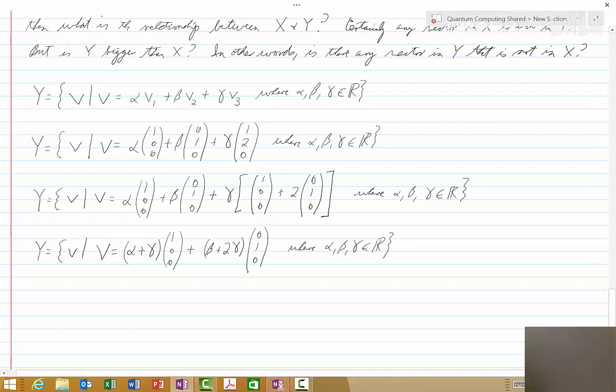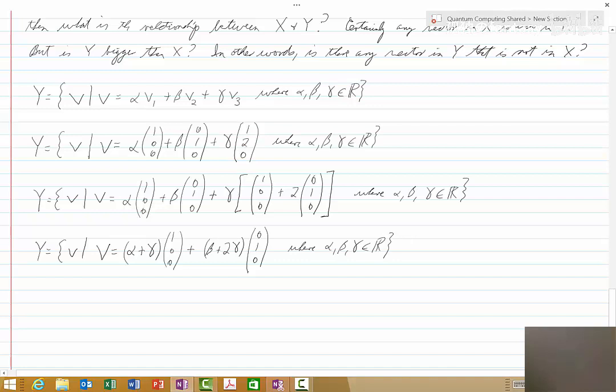And so I'm writing that down here in this step, and then when I go from this step to the final step, I'm going to gather together all the coefficients of 1, 0, 0, which is alpha, and then gamma here. So alpha plus gamma times 1, 0, 0, and all the coefficients of 0, 1, 0, which is beta here, and 2 gamma over here. And notice now that it's important that you understand what we've accomplished.